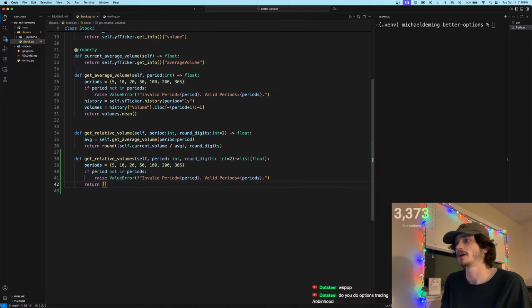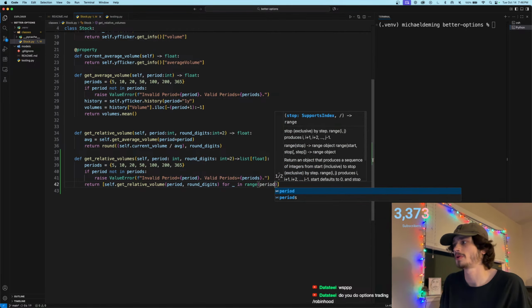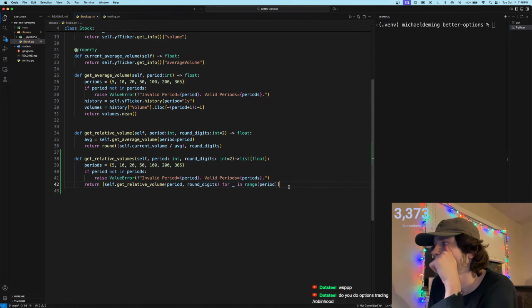Return a list of val for I, we're going to say self.get_relative_volume(period, round_digits) for I in range(period).